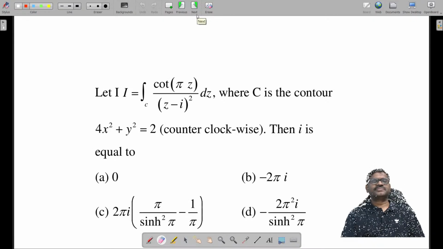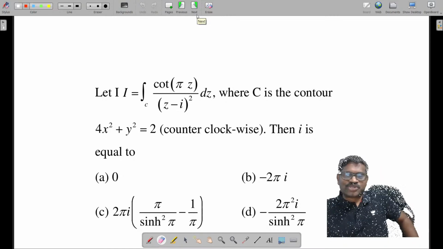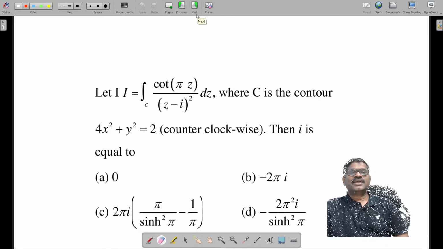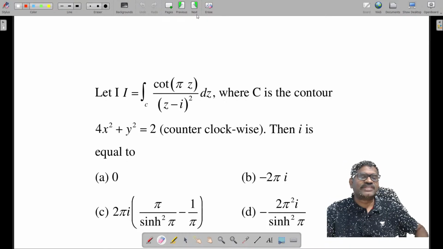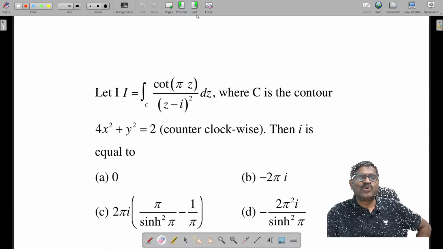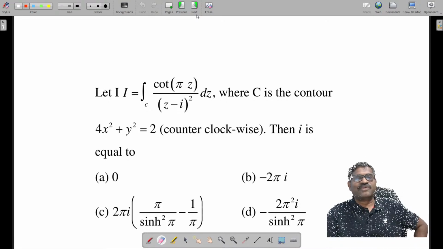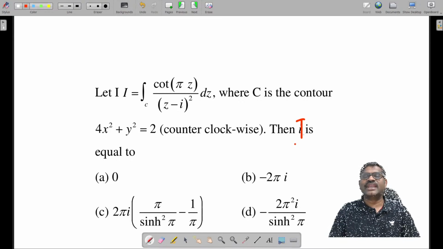Next problem. This is also an excellent question, but it consumes time. The value of the integral of cot pi z by (z minus i) whole square dz, where C is the contour 4x square plus y square equal to 2. Here i is not small i, it is not iota, it is the integral.